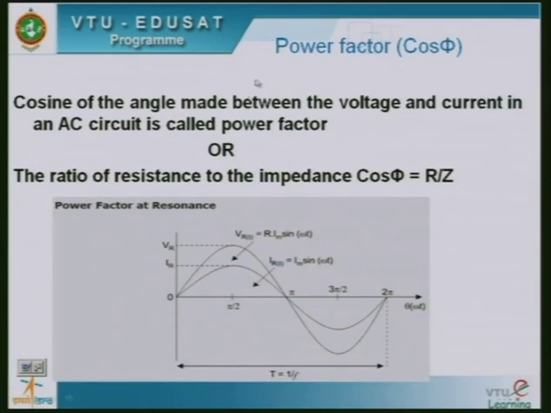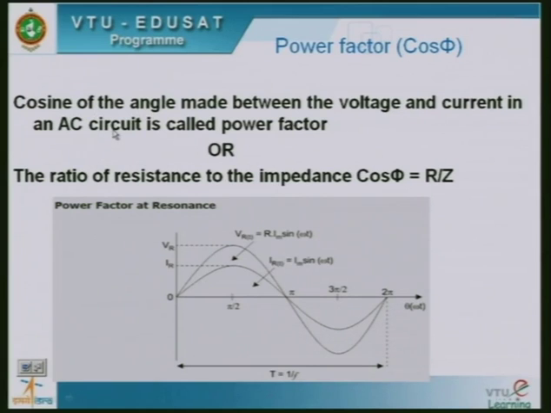Coming to the power factor, we know this definition. Cos phi is called the power factor in an AC circuit. It can be defined as the cosine of the angle made between voltage and current in an AC circuit.